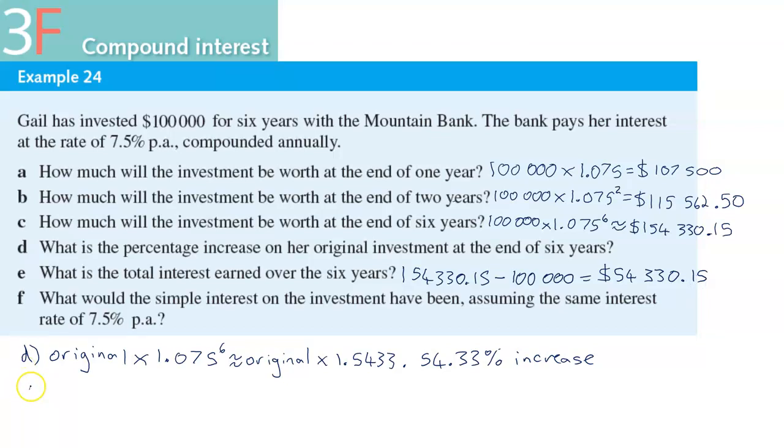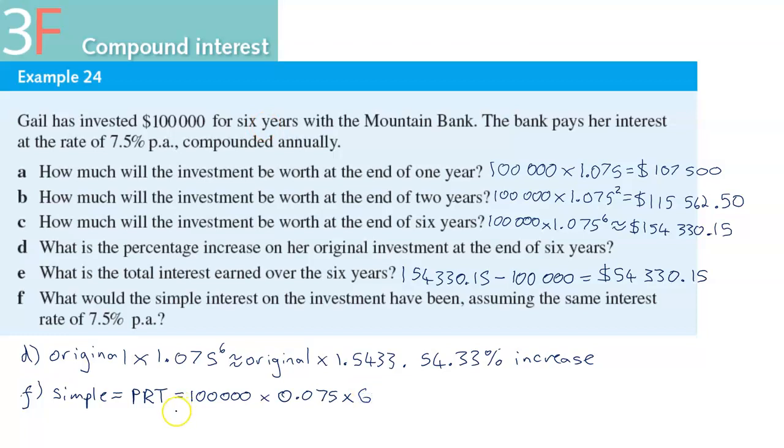For question F, working out the simple interest, remember simple interest is principal times the rate times the time. So my principal was 100,000. The rate 7.5%, so I write that 0.075, and the time was 6 years here, so times 6.